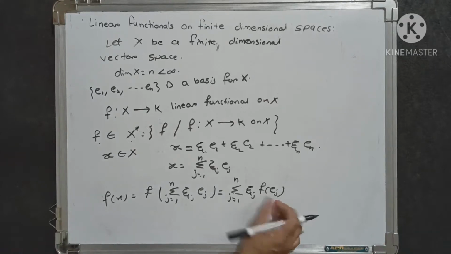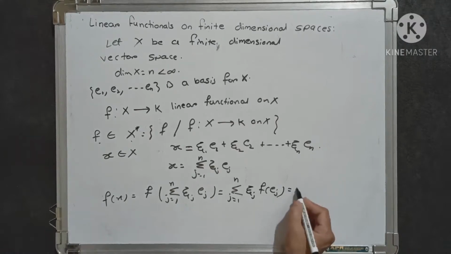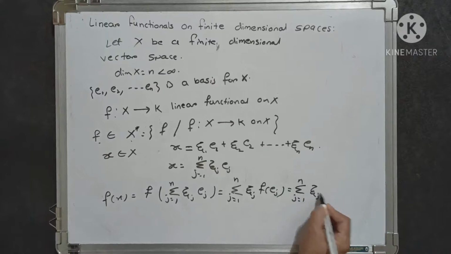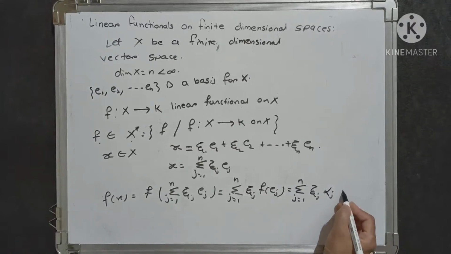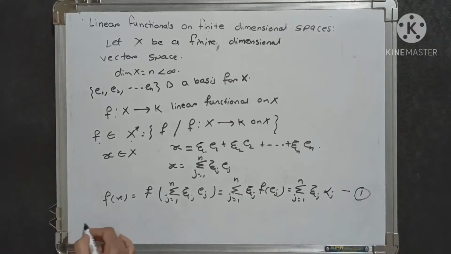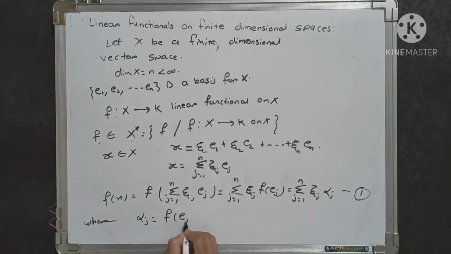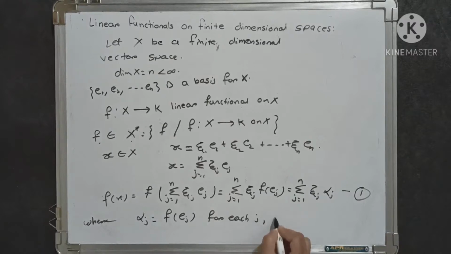Now we put f of e j equals alpha j. That means it equals the summation j from 1 to n of xi j times alpha j, where alpha j equals f of e j. We give this equation number 1, where alpha j equals f of e j for each j, 1 less than or equal to j less than or equal to n.